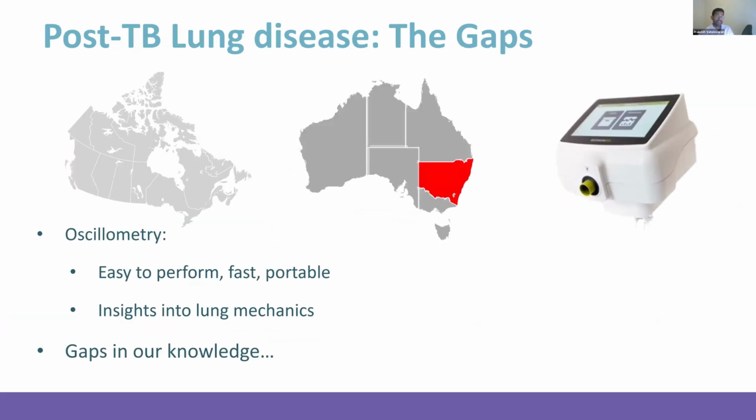The population of TB that we see in Australia is not dissimilar to that of Canada's. Both countries have an incidence rate of about 5 cases per 100,000, which occurs disproportionately in our first-generation immigrants and our Indigenous populations.